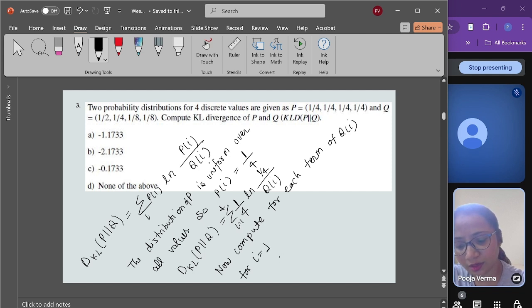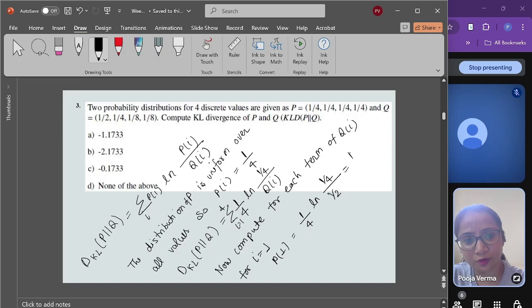We will make a summation of all the values, otherwise it is very difficult to calculate. So I'm just taking P1 here. Okay. So 1 by 4 ln of 1 by 4 divided by Q1, because we are calculating for i, so 1 by 2, right? So 1 by 2.